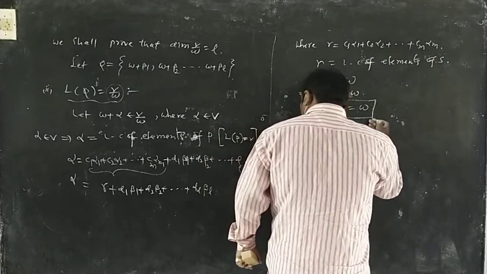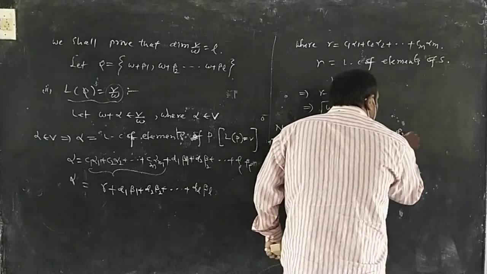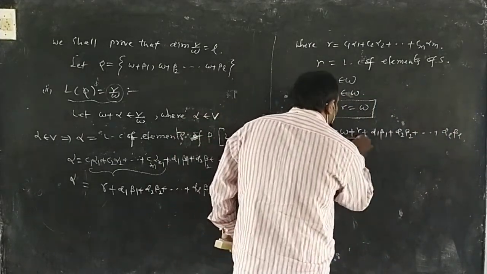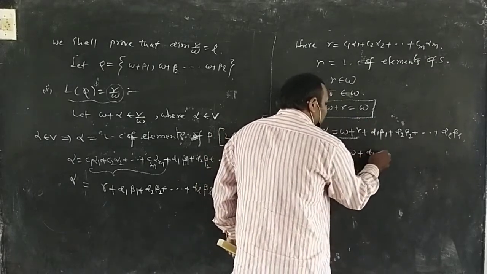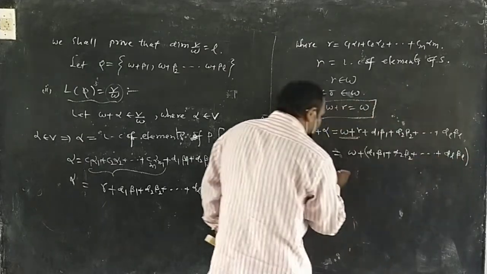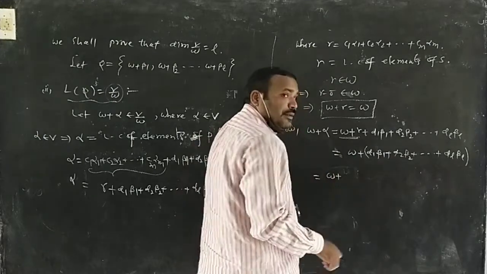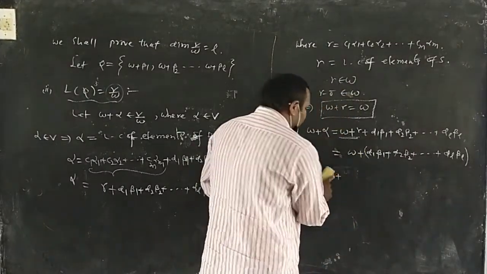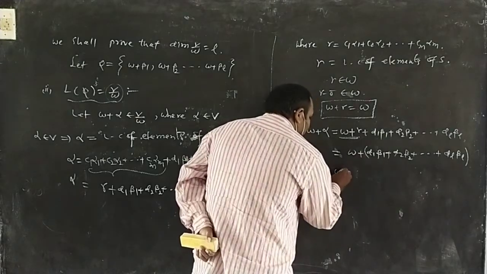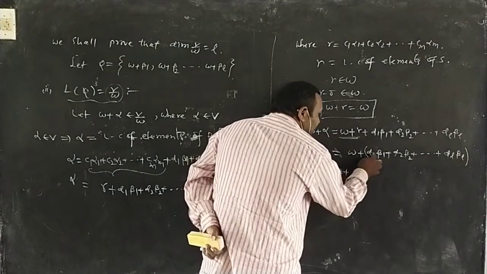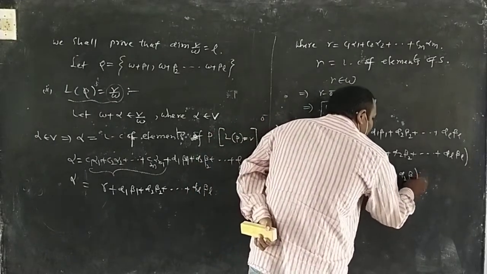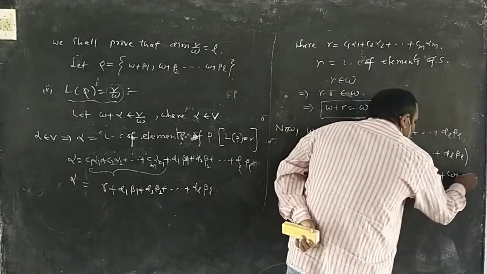Gamma plus D1 beta 1 plus D2 beta 2 plus and so on plus DL beta L. That equal to W plus gamma, equal to W plus D1 beta 1 plus D2 beta 2 plus and so on plus DL beta L. This can be written as W plus D1 beta 1, it is a coset, right, plus W plus D2 beta 2 plus and so on plus W plus DL beta L.